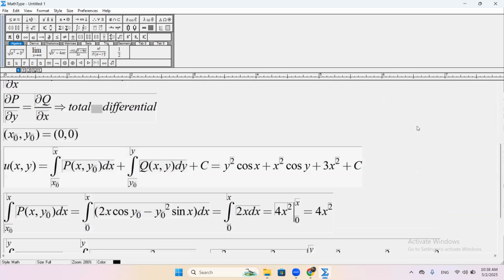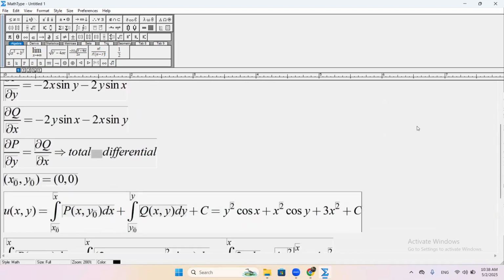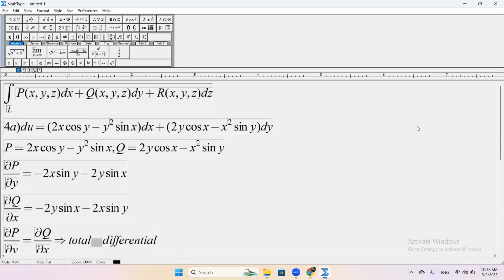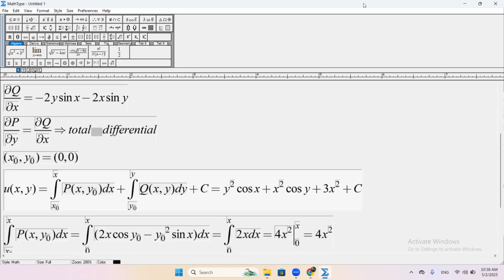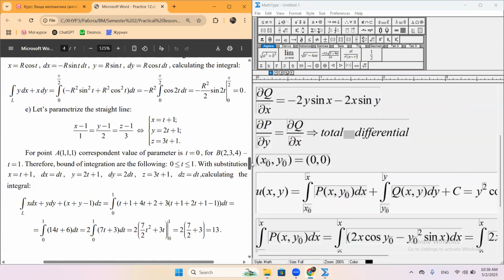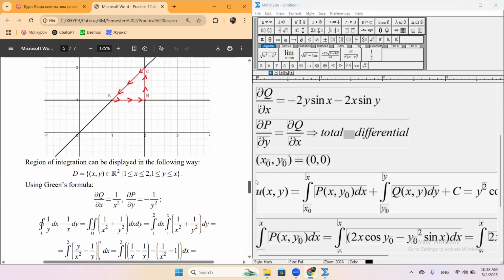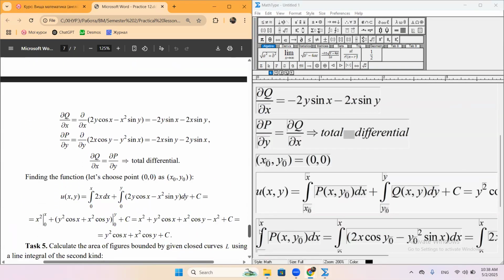Any questions about this exercise? Yeah, and by the way, let's check with the answers in my records as well. Yeah, x squared must be eliminated.